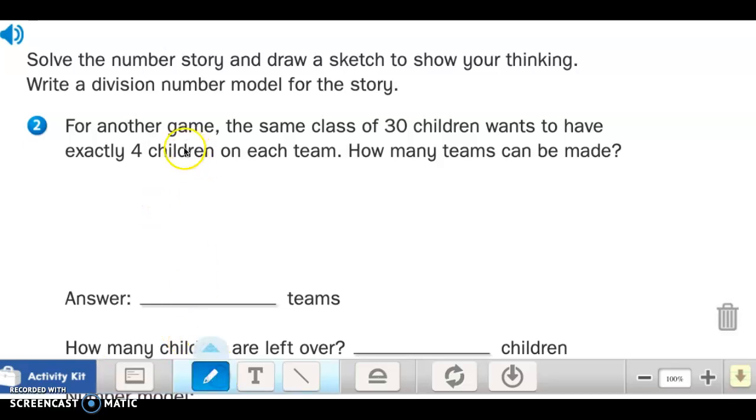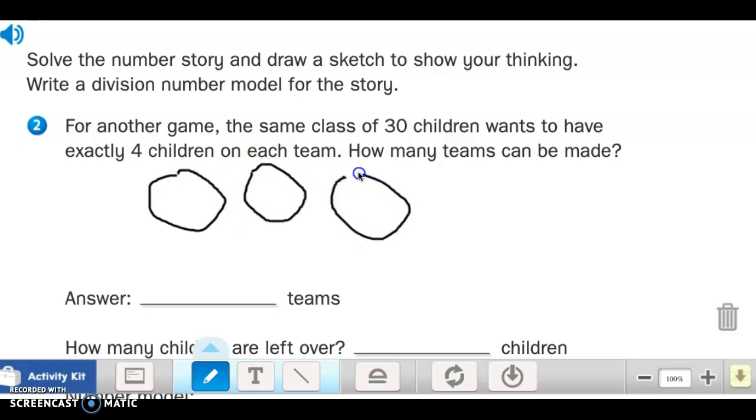We're going to draw 4. 1, 2, 3, and 4. And we're going to see how much we can share with the 30 children. See how many teams, if we can get all the kids in there.